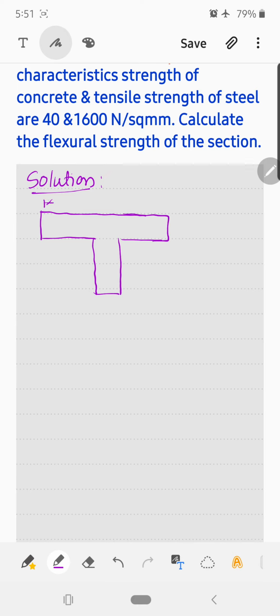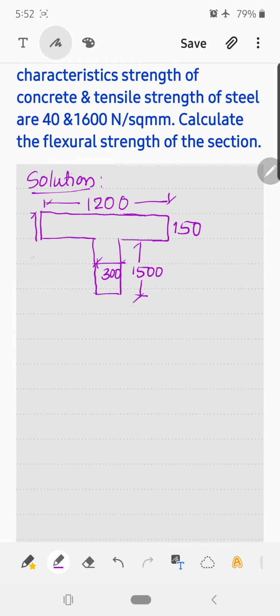So the T section flange is 1200 by 150, and the width of the web rib is 300 and depth is 1500. This is the rib.